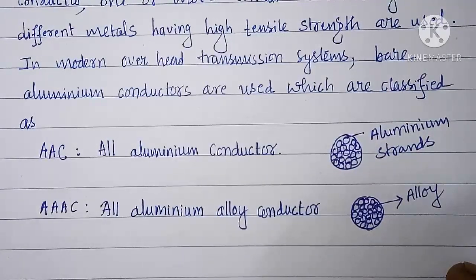Alloy is a homogeneous mixture of two or more than two metals or metal and non-metal.